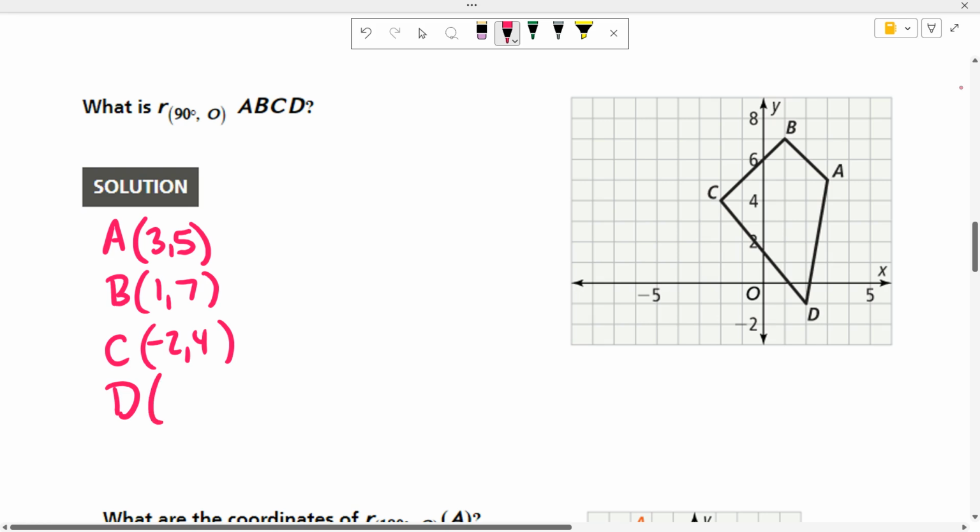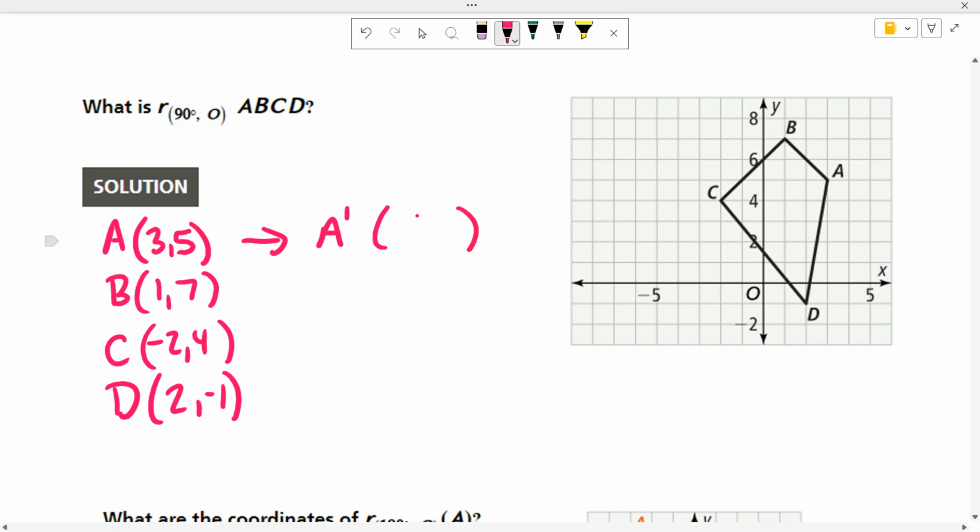D's original ordered pair? (2, negative 1). Okay, so A prime, if you rotate it 90 degrees, you're going to switch the 5 and the 3 around. And which one becomes negative according to your rule for the y? So then it becomes (negative 5, 3).